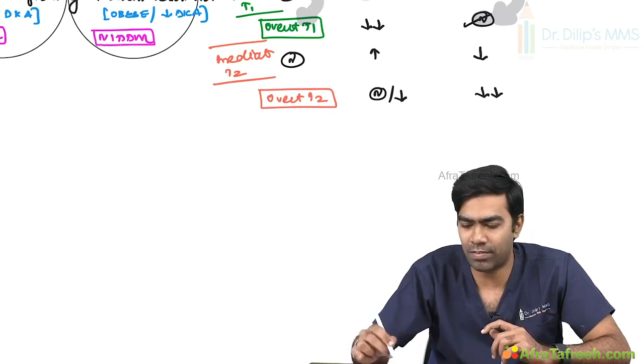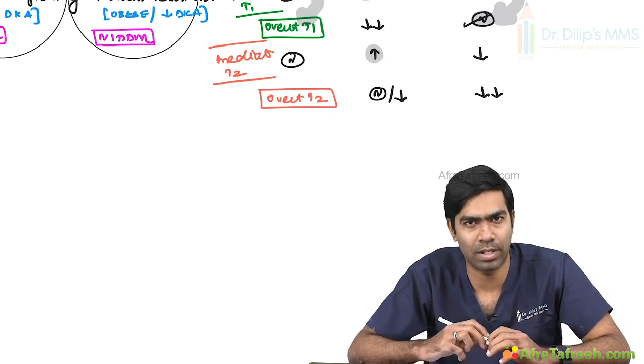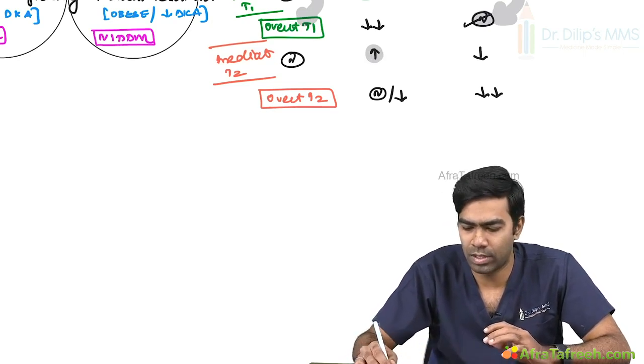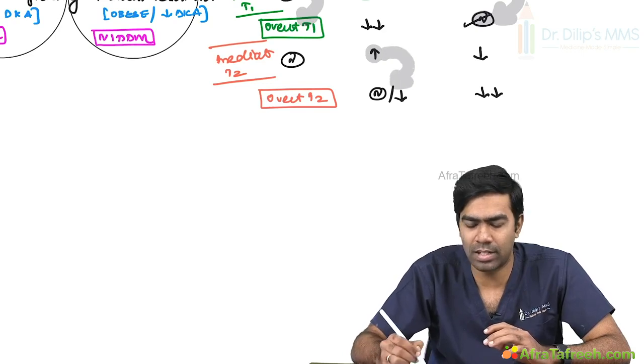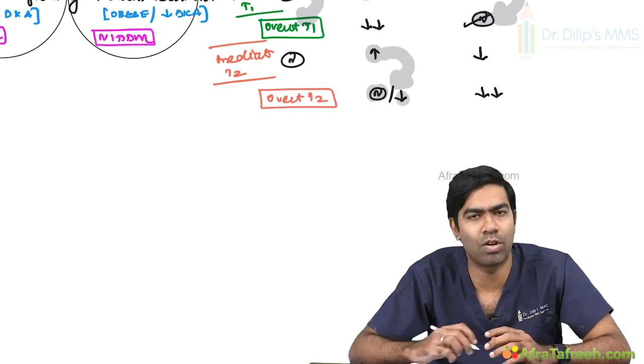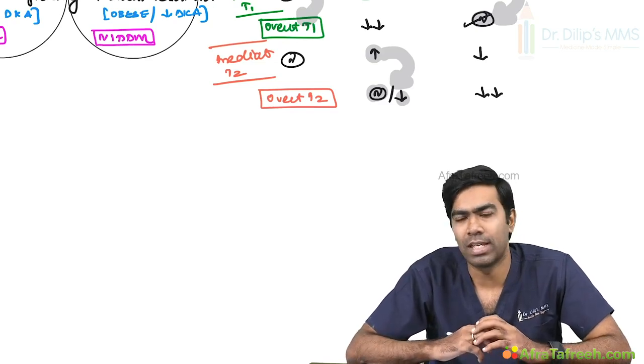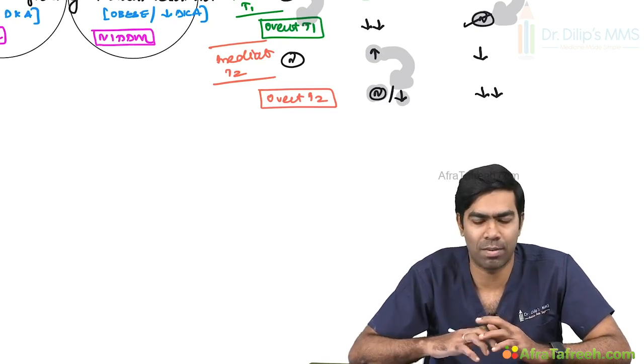So what you have to understand is that even in type 2 diabetes mellitus patients, initially there was a hyperinsulinemic response. Later on, the insulin production decreases a bit, either becoming normal or decreasing over a period of time, which means insulin deficiency still plays a little bit of a role in the development of type 2 diabetes mellitus as well.